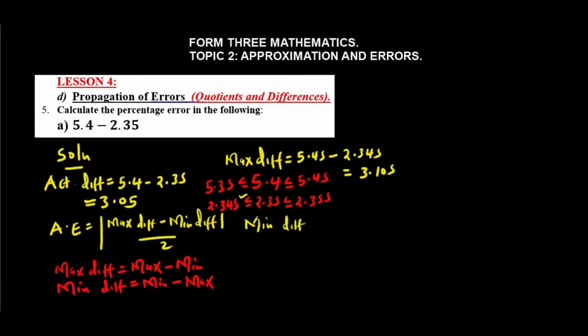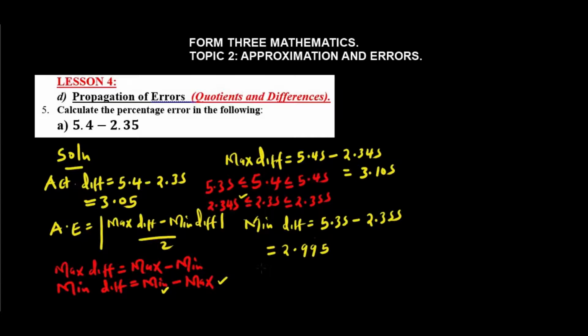Next, we also need the minimum difference, which now is the minimum minus the maximum. So the minimum value of 5.4, which is 5.35, minus the maximum value of 2.35, that is 2.355. And when you work that out, we should be getting 2.995.